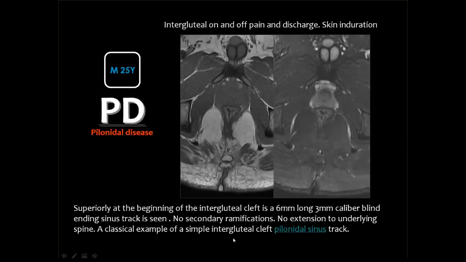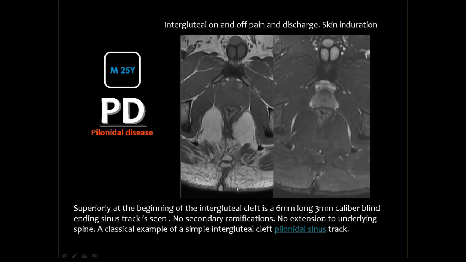Pilonidal disease or pilonidal sinus is just an inflammation in the subcutaneous area which may induce a blind tract that is not connected to the inner structures, and this is the sinus.